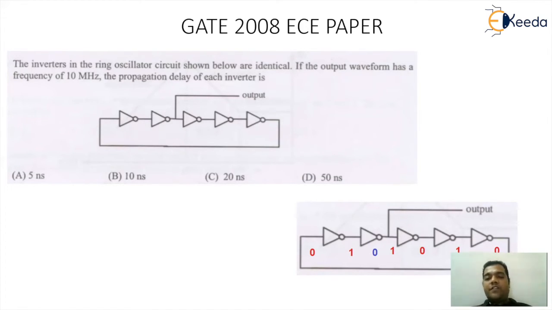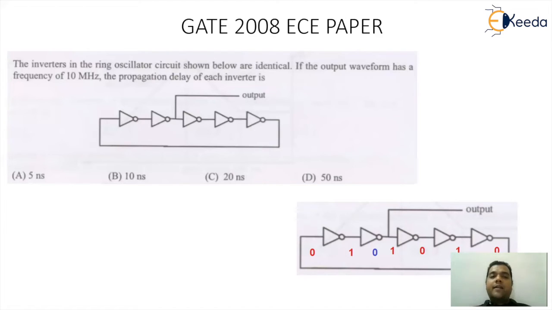So to get a complete waveform, which is a composition of a 1 and a 0 final output, it is basically a total frequency of 10 megahertz. To get that total output of 10 megahertz, the 1 was propagating through the loop circuitry through 5 inverters, and then the 0 was propagating through the loop circuitry, that is 5 inverters.